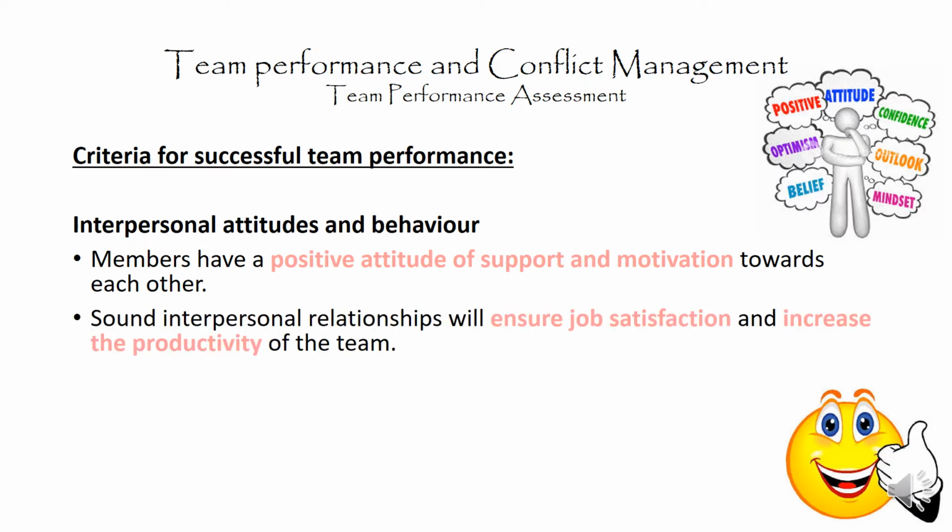Right, sound interpersonal relationships will obviously ensure job satisfaction and increase productivity of the team. If you get along with the other team members, obviously it is going to make the team more productive. We are not saying that everybody in this team has to be BFF, best friends forever, but they at least have to tolerate each other and respect each other, so that they can work together as a team.